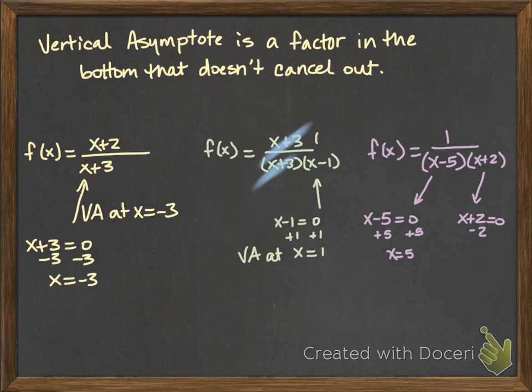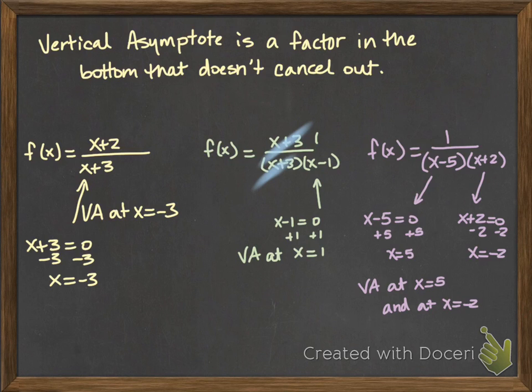On this side we get x equals negative 2. So we have two vertical asymptotes, at x equals 5 and at x equals negative 2. That means you're going to have two vertical lines that your function doesn't touch.